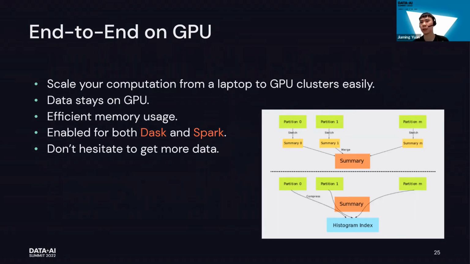So we made a specialization for this environment, and right now, XGBoost can consume GPU chunks directly without the concatenation, and as a result, it can avoid making data copies. The feature is enabled for both Dask and Spark, and you can try the Spark package and use the device quantile DMatrix in that package. As a result, we want XGBoost to handle as much data as possible, so don't hesitate to get more data.